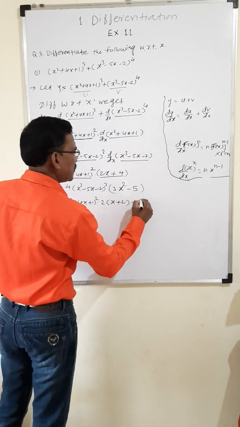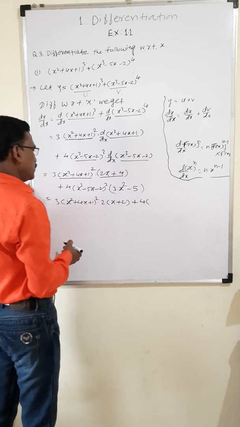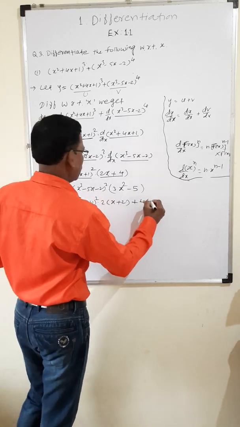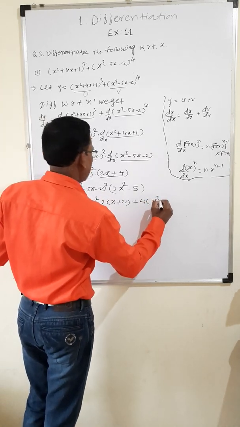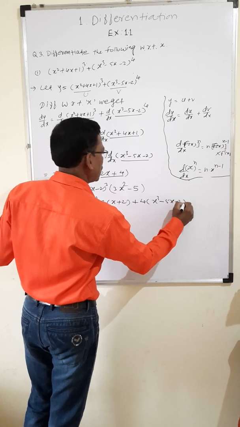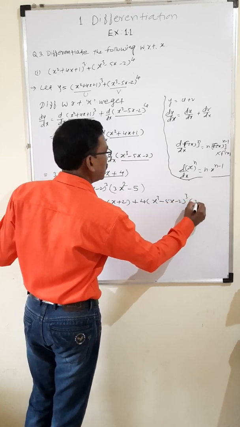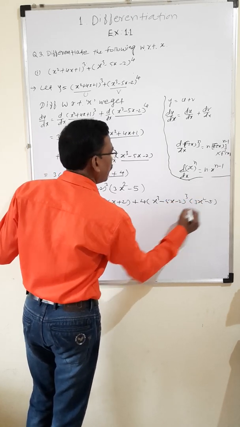Now plus 4 into, again keeping this bracket as it is, (x cube minus 5x minus 2) whole cube into (3x square minus 5).